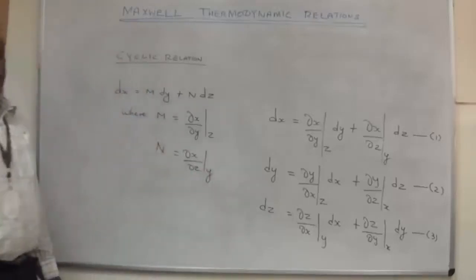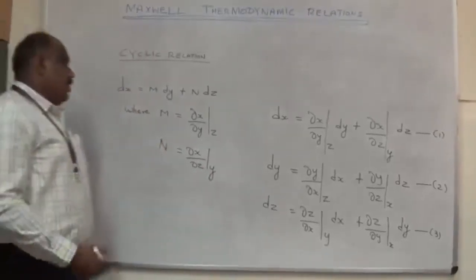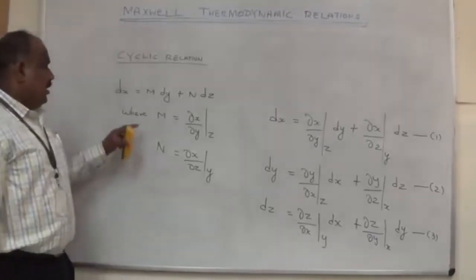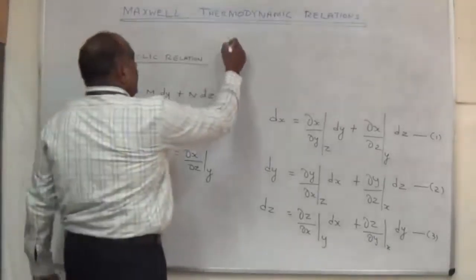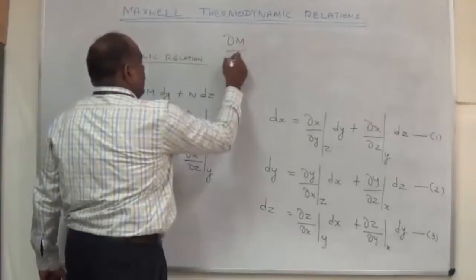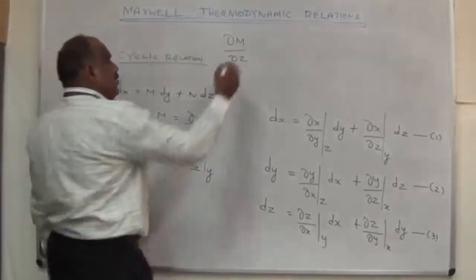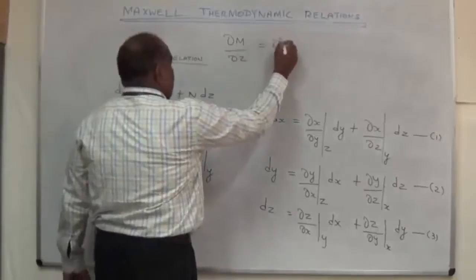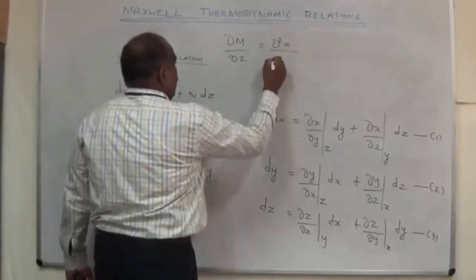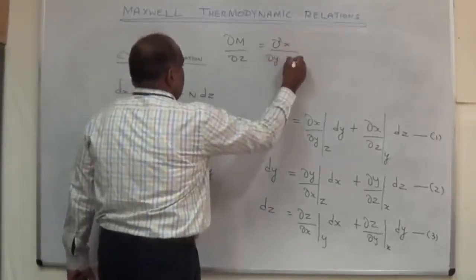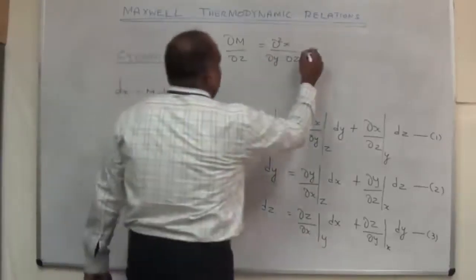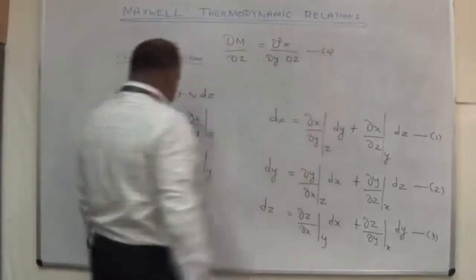Let us now obtain the second order partial derivatives. Let us take dou M by dou z. So differentiate M with respect to z, and the resultant will be dou squared x by dou y dou z. Let us call this equation number 4.